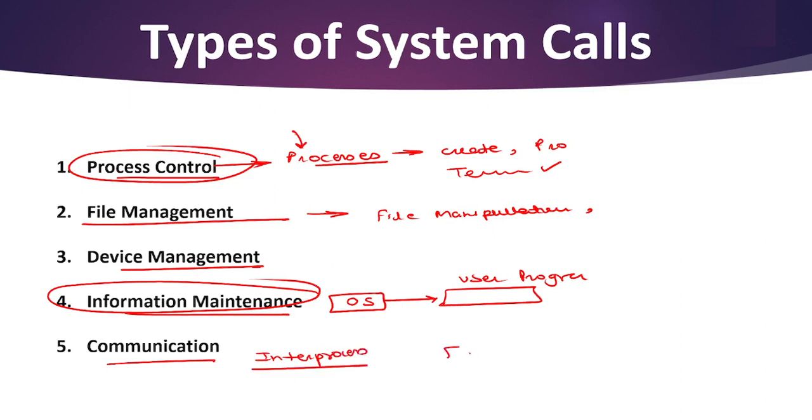Inter-process communication means two different processes can communicate with each other. They also deal with creating and deleting a communication connection. Whenever a communication connection is going to be created, or if the user wants to delete that connection, only the communication type of system call is responsible. So this is the basic introduction of system calls, their working and types.